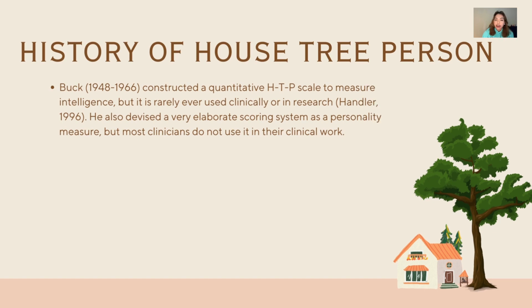Around 1948 to 1966, Buck constructed a quantitative HTP scale to measure intelligence, but it is rarely used clinically or in research. He also devised a very elaborate scoring system as a personality measure, but most clinicians do not use it in their clinical work. Instead, they analyze each drawing impressionistically, or they use the sign approach method.